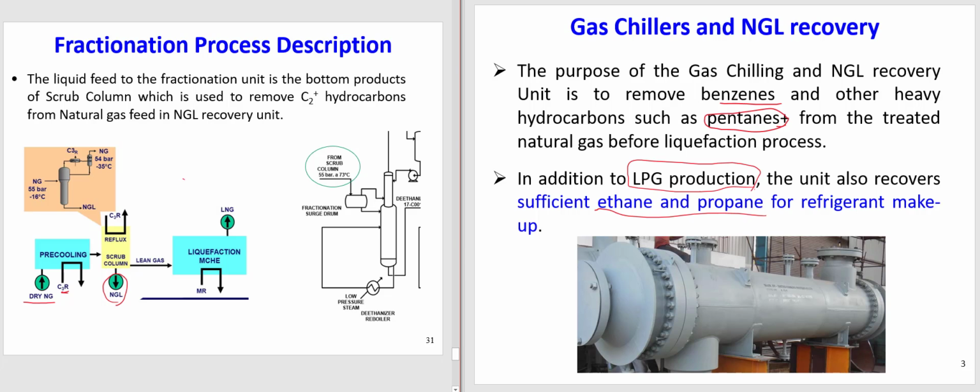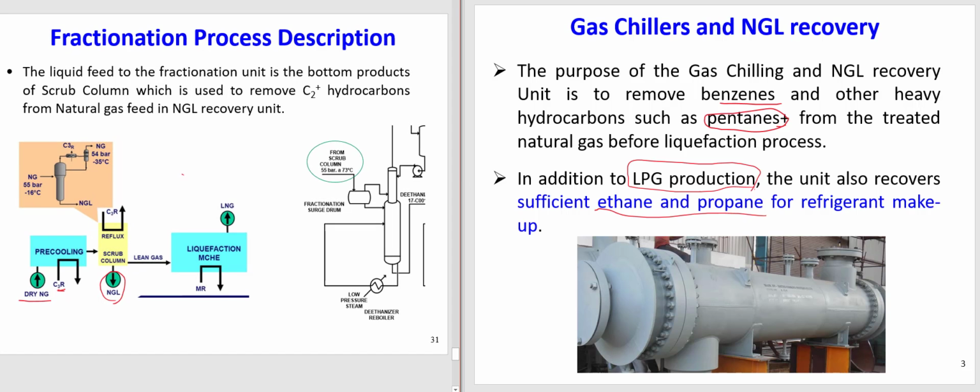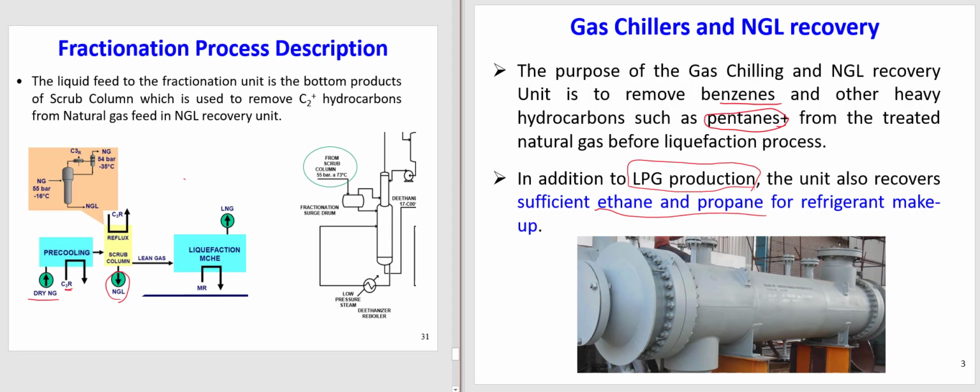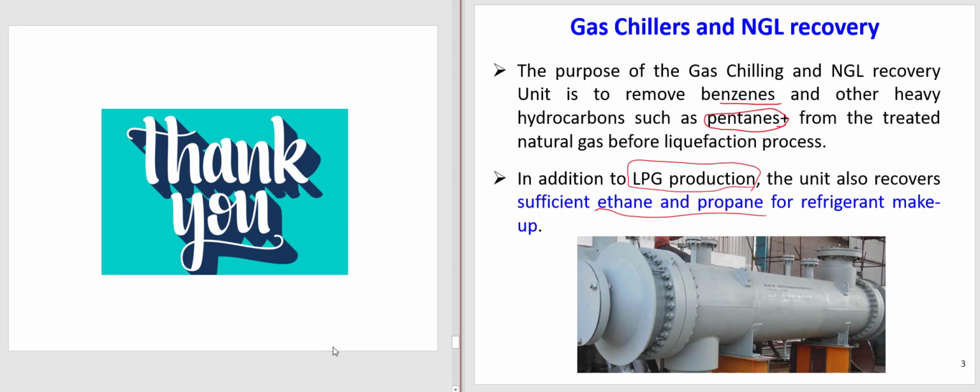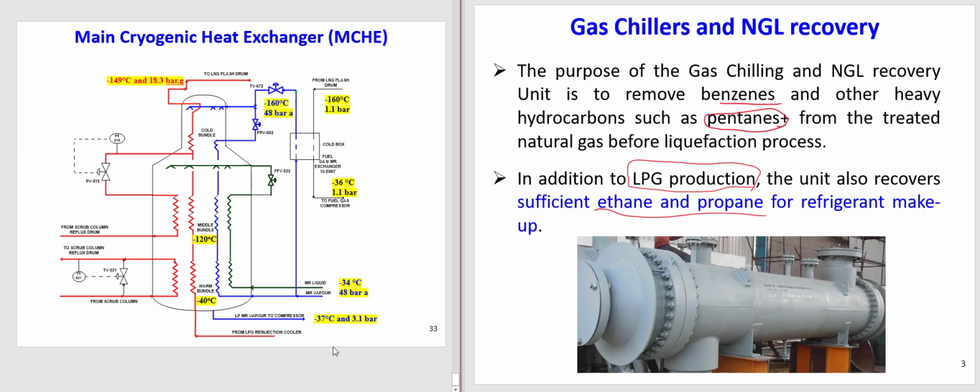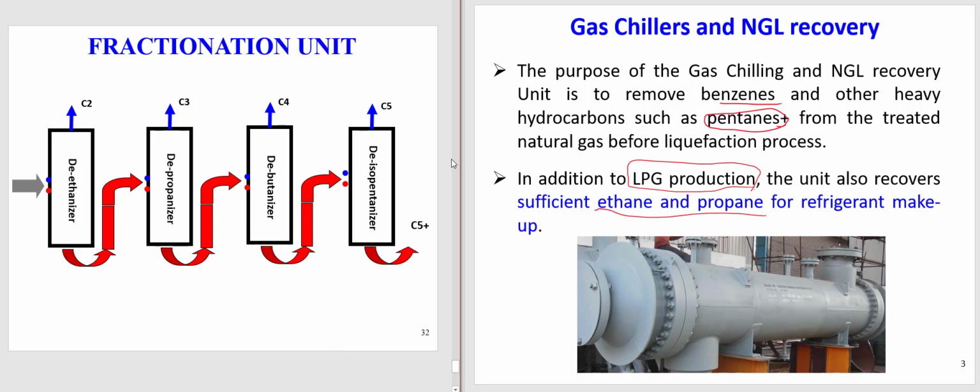We have one unit between them that is used to separate the plus pentane molecules. Why? Because if you remember, in the fractionation unit, we will remove until isopentane.